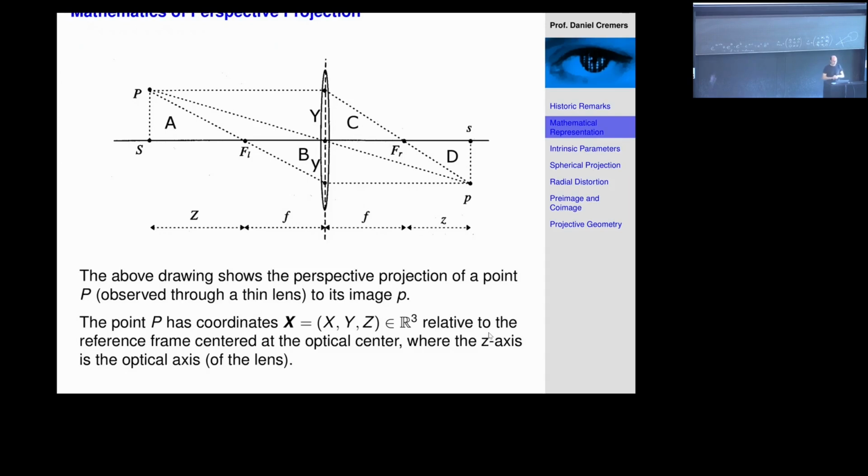One should say there are different aspects that are mingled into this drawing here. There is this notion of perspective projection, but there is also this notion of a lens that bundles the light. Here, this is typically what you have in a thin lens.